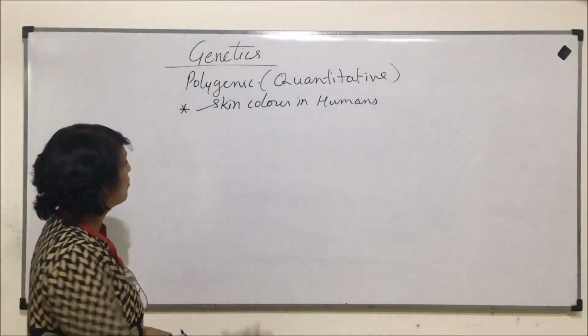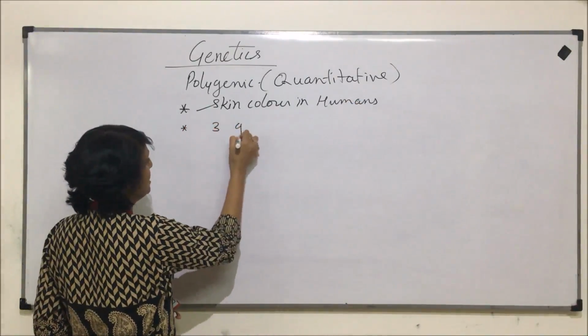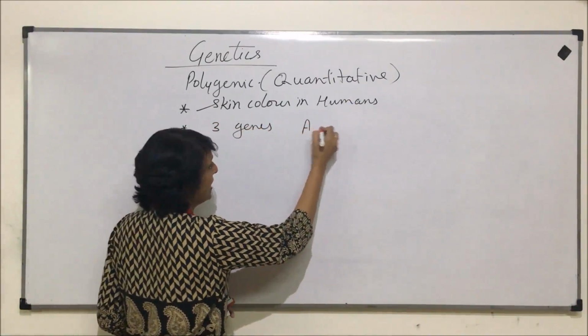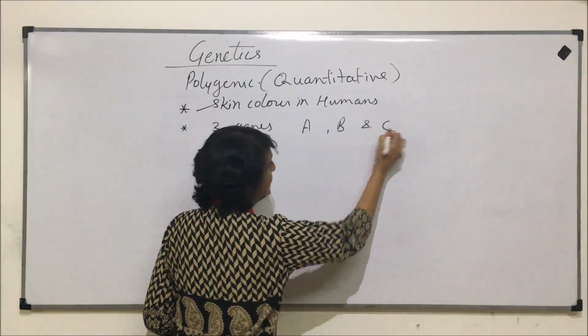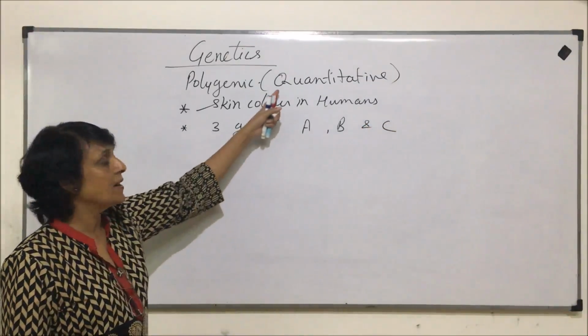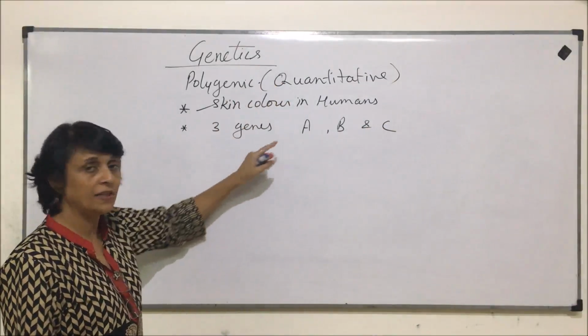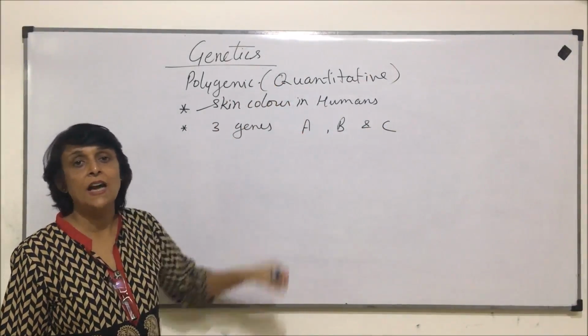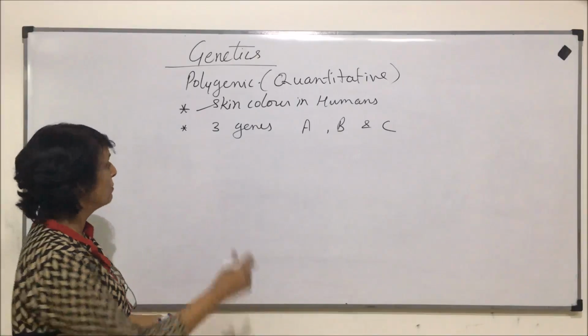In humans, skin color is controlled by 3 genes, and these genes are written as A, B and C. And as we said, quantity matters. That means the number of dominant genes would decide how much melanin would be produced.